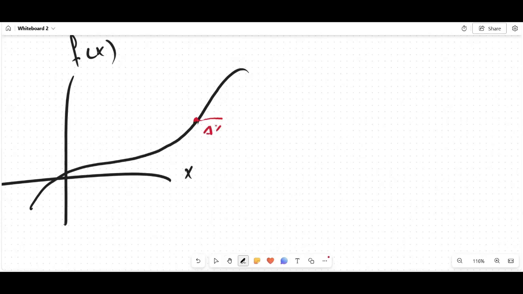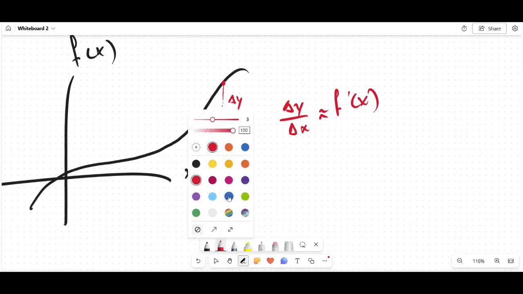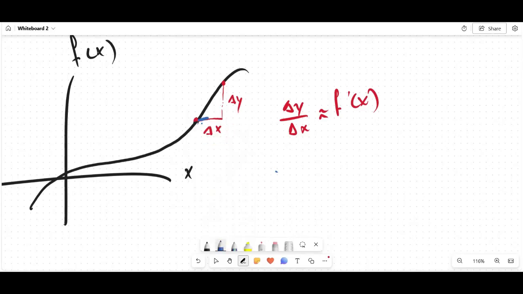There's an amount that you change in x and a corresponding amount that you change in y. And delta y over delta x is roughly the derivative of f. Now let's do it again. Let's take delta x to be smaller. So maybe that's delta x, and maybe that's delta y. Then if you did delta y over delta x, this is not going to come out to be the same as the guy above you.